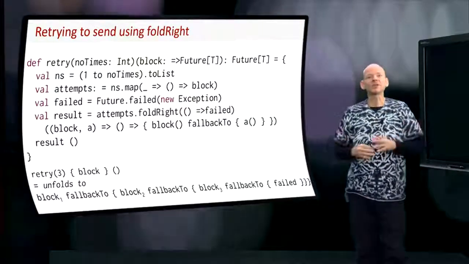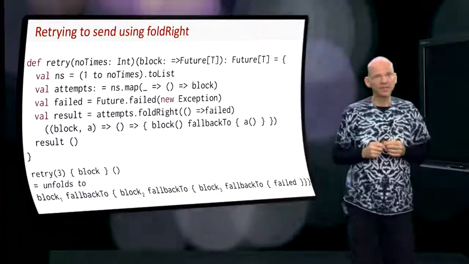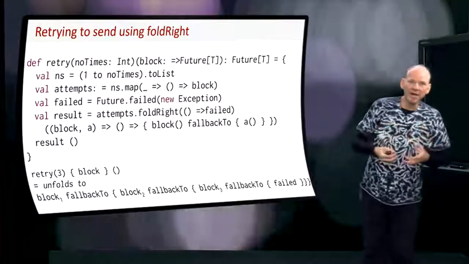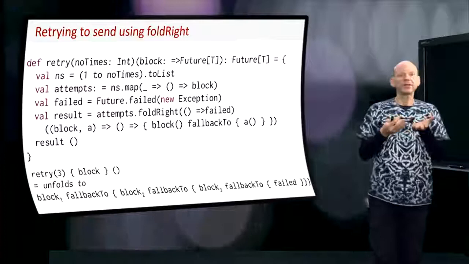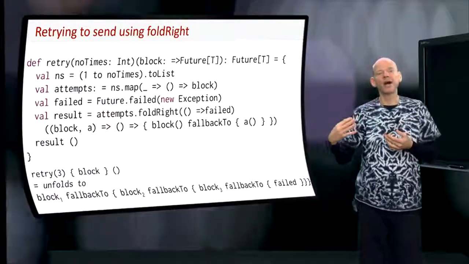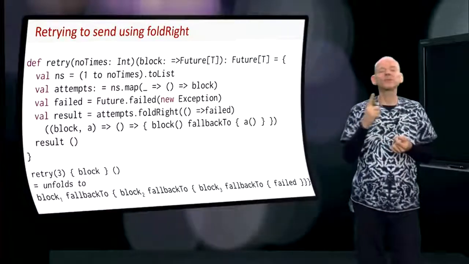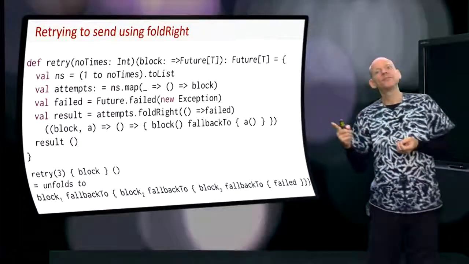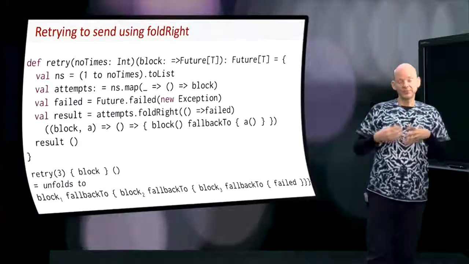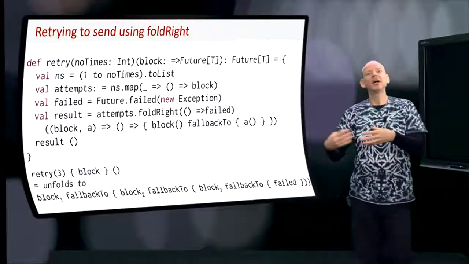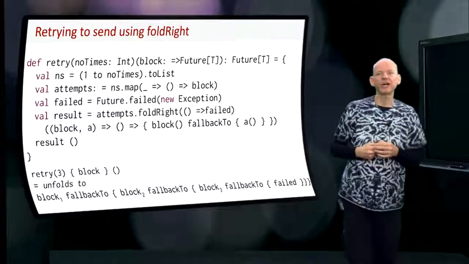Now let's try to do it with foldRight. There are even more higher-order functions. In this case, again, we create a list from 1 to n. We map the delayed block over that. We create a failure, but now we're folding from the right, starting with failed. But we're not really starting with failed; we're starting with a function that is delayed failed, because we have to turn this around from the other side.